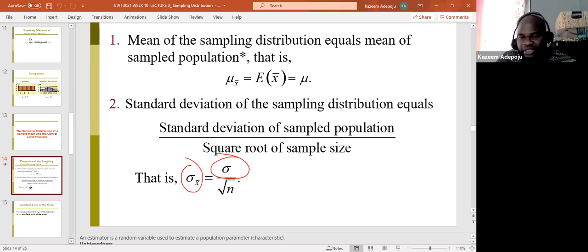Like I said, in research what we want to do is to model reality. But in modeling reality, our model cannot give the exact picture of reality because there is no perfect model anywhere in the world. There is always going to be an error, no matter how perfect a model is.